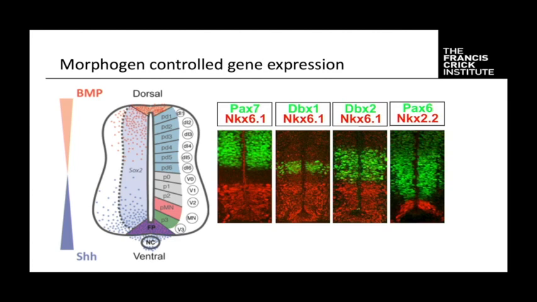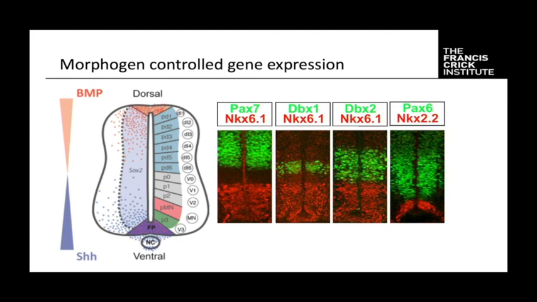Using this set and other genes, we can see that these progenitors are allocated into territories, into domains, based on their combination of gene expression. Each particular dorsal ventral domain is identified by the unique combination of genes it expresses.